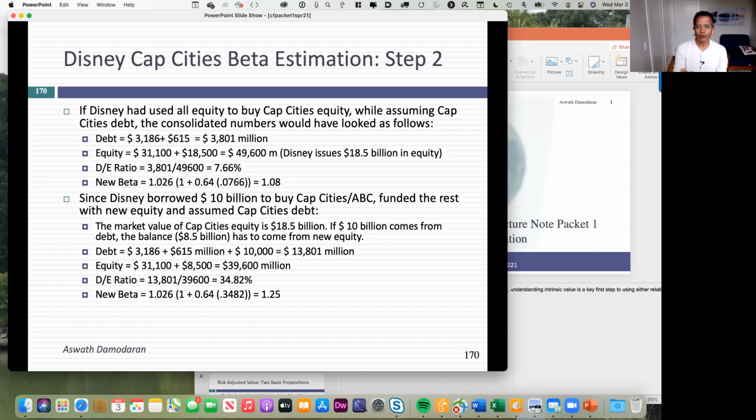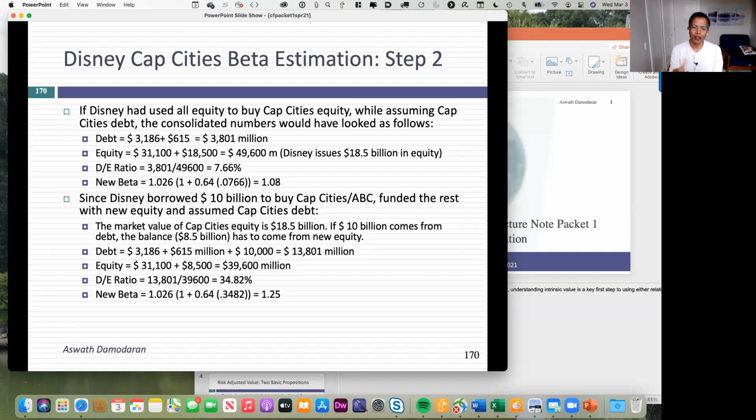I know it's confusing, lots of moving parts, but here's what I want you to try as an exercise, and I'll send you the answer in the email after class today. Could Disney have funded the entire deal with debt? In other words, could they have borrowed the entire $18.5 billion? Sure, right? They had access to capital. What I'd like you to tell me is, if they had borrowed the entire $18.5 billion, not just 10 billion, what would the levered beta have been after the deal?